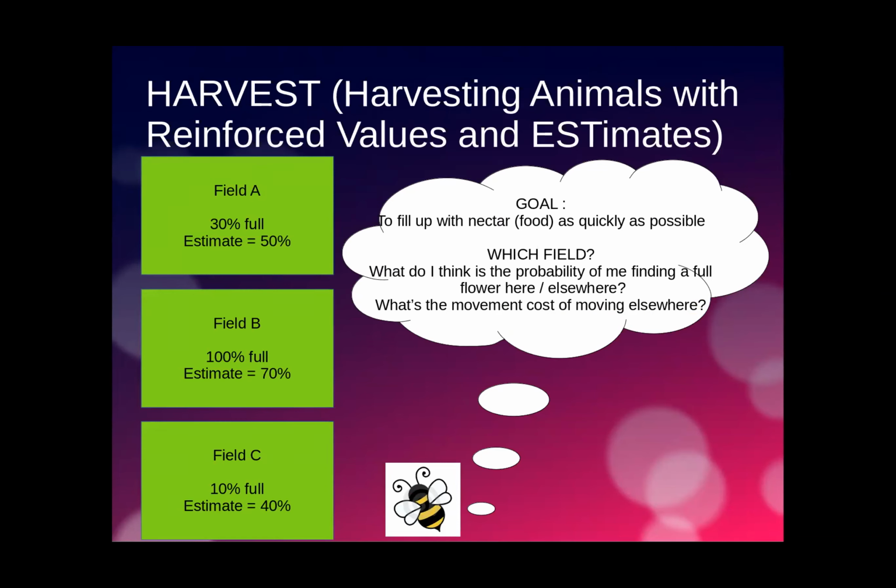The project I was doing for my PhD was known as Harvest, which stood for harvesting animals with reinforced values and estimates. Basically, the idea was we wanted to create a model of the way in which bumblebees forage in large-scale landscapes. Bumblebees are significant pollinators within landscapes.